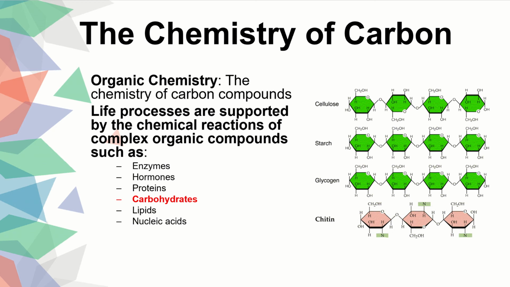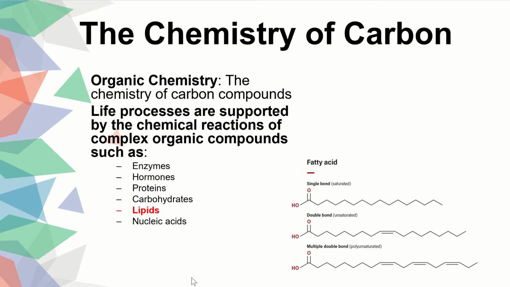And next are carbohydrates. Previously that was more biology. Now we're getting into our chemistry, where we're seeing actual molecules and structures here. For example, cellulose, starch, glycogen, etc. We can see clearly here that these are organic compounds.